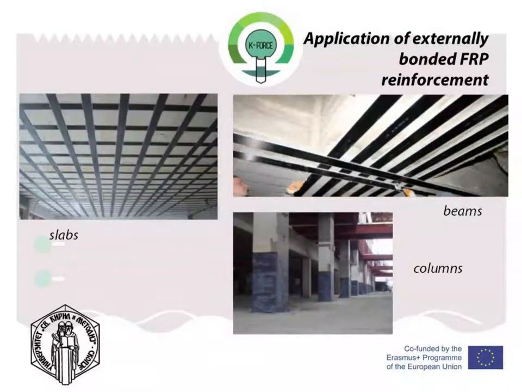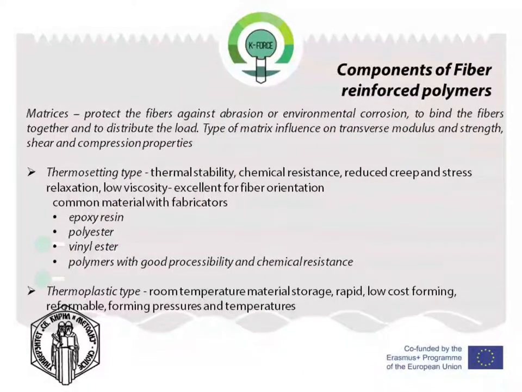Composites have found their way as strengthening materials of reinforced concrete elements such as beams, slabs, columns, where conventional strengthening techniques may be problematic. Composite material is a combination of two or more materials.